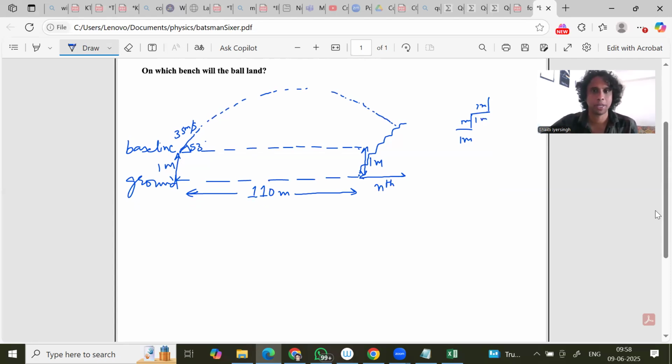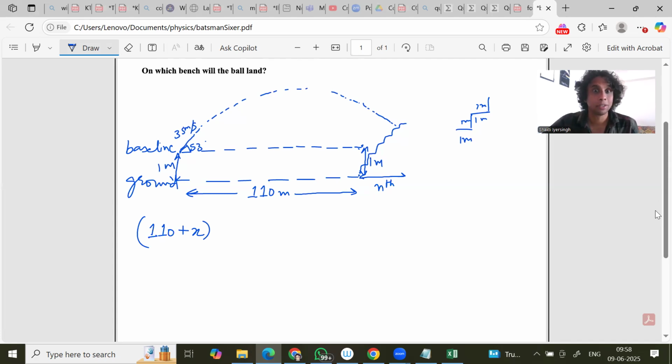So I can say that the horizontal distance that the projectile or the ball has covered is 110 meters up till here, plus another n meters, because each bench is 1 meter. So I can say that it's covered a horizontal distance of 110 plus n meters.